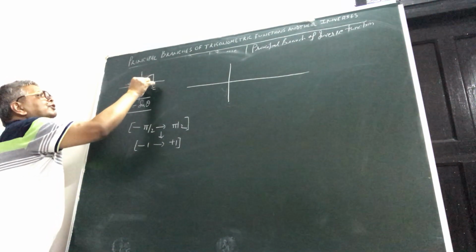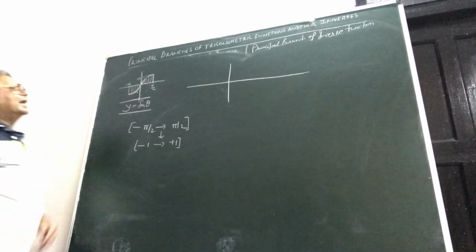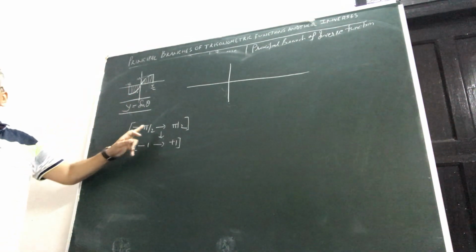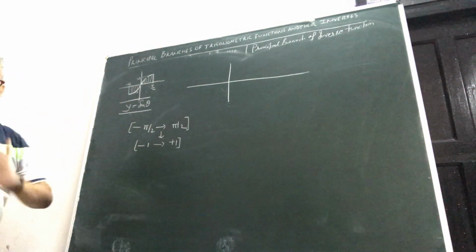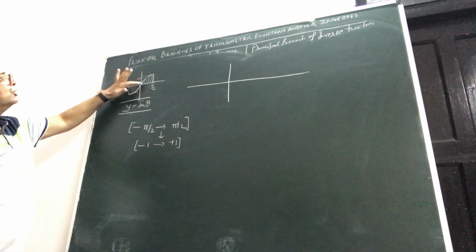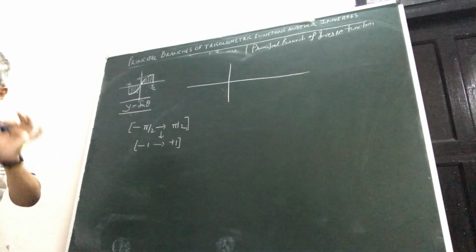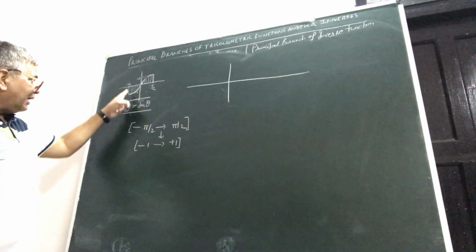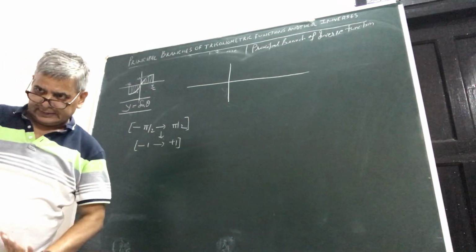As you go through this closed interval minus pi by 2 to plus pi by 2, all the intermediate values in the closed interval minus 1 to plus 1 are being acquired, and acquired once.